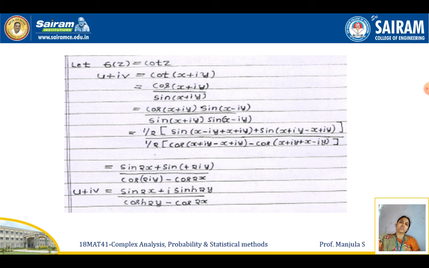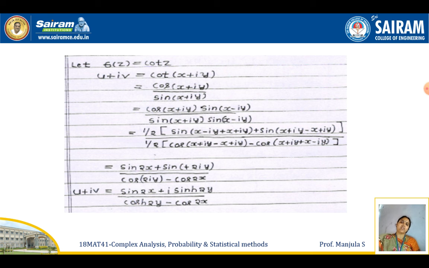The question is not yet completed because they asked us to find the imaginary part. So f of z we got as cot z. Cot can be written as cot of x plus iy, because the value of z is x plus iy. Cot is cos by sin. Multiply and divide by sin of x minus iy, both numerator and denominator.